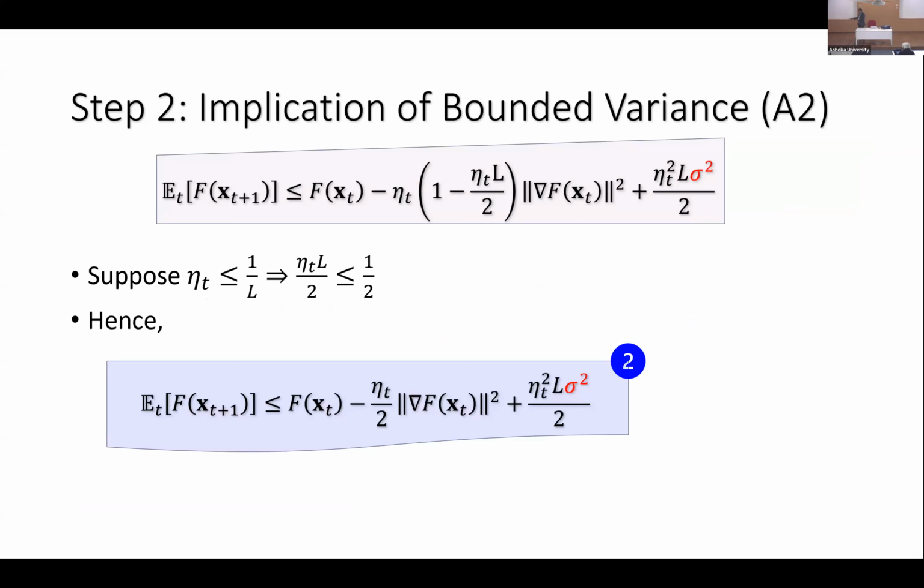So there was a monotonic decrease, but now, because of the randomness of the gradient, there could also be an increase. There is a decrease because in expectation I'm going in the descent direction, but there could also be an increase because of the randomness of the gradient. So the theory is exactly saying what is very intuitive for us: there is randomness, so it could increase, but on average, it will keep on decreasing.